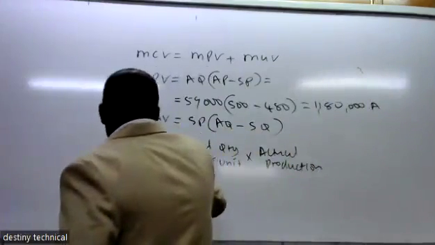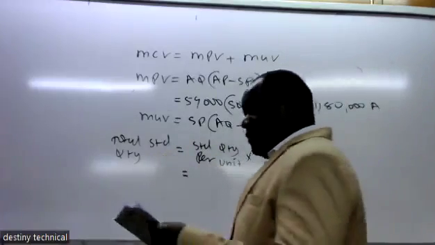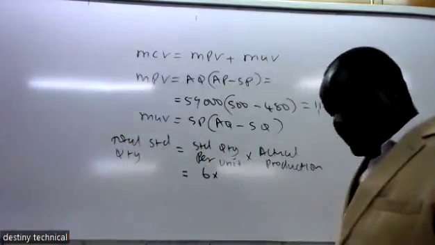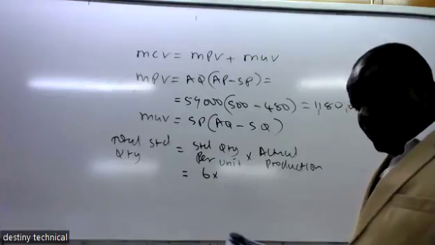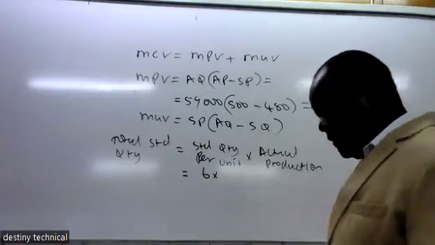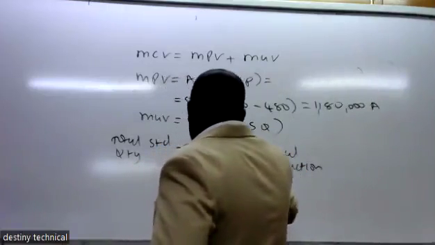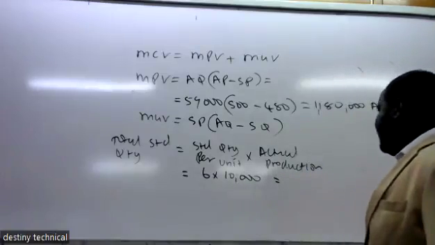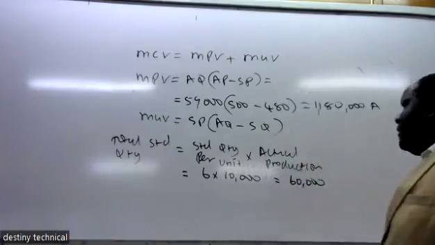So the standard quantity per unit, you can see the 6 kilograms, multiplied by the actual output. The actual output is there in note number 2. The actual production amounted to 10,000 units. So that gives us 60,000.